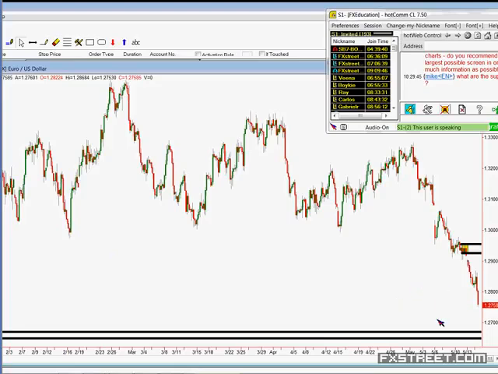All right. So now that we know where we're at in the larger time frame, let's go to the smaller time frame. Give me just a moment here, and we'll do that.